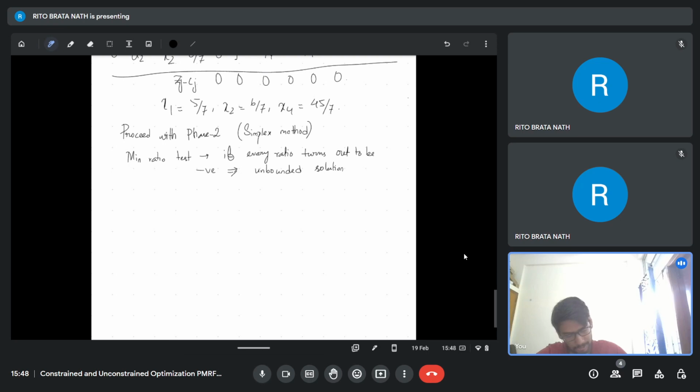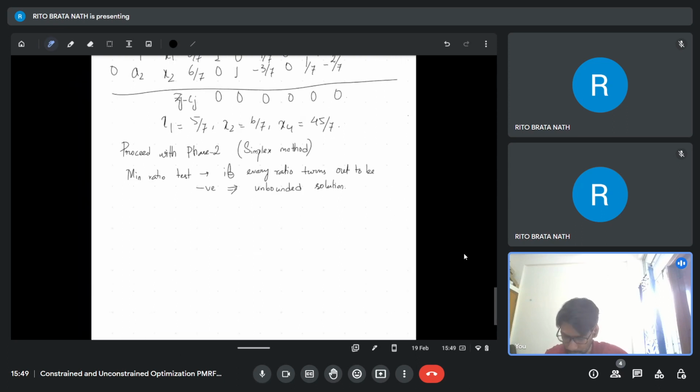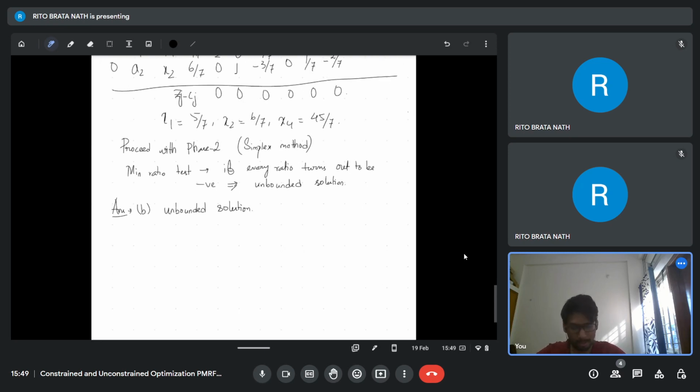So that will be the case here. Even if you have some entering variable, you don't know the leaving variable. So here, the problem asked you about the answer. So the answer will be B here. So this will be an unbounded solution. Yeah, you can check the rest by solving the simplex table, right?